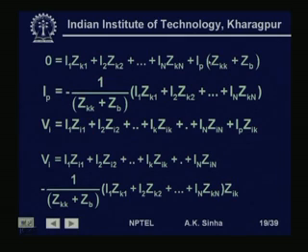So, we can write this as minus Ip into Zkk plus Zb is equal to this term, or we can write Ip into Zkk plus Zb is equal to minus of all these terms, right, minus I1 into Zk1 minus I2 Zk2 and so on, minus In Zkn.